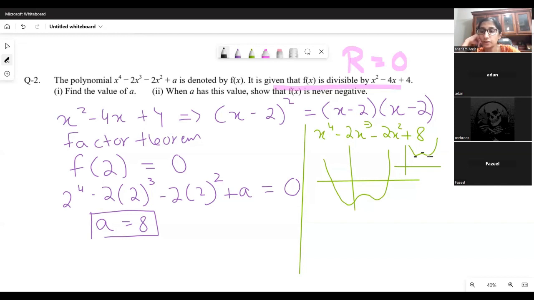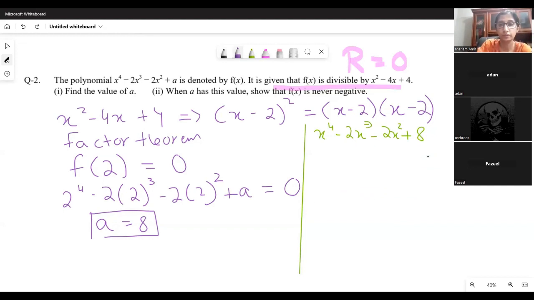Completing the square, that was for a quadratic expression. टर्निंग पॉइंट होता है स्टेशनरी पॉइंट, तो dy over dx equals 0. Exactly. Differentiate and equate to 0. So you have to show that all these stationary points have a positive value of y.